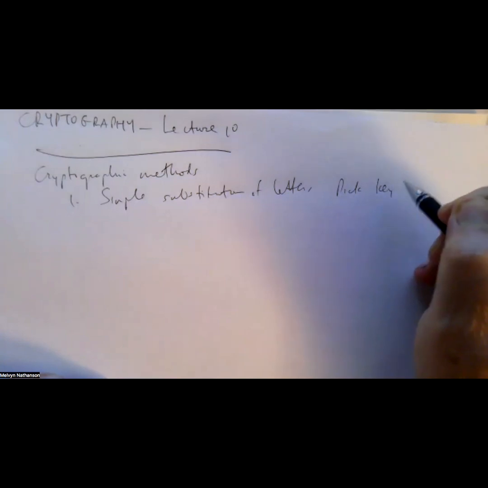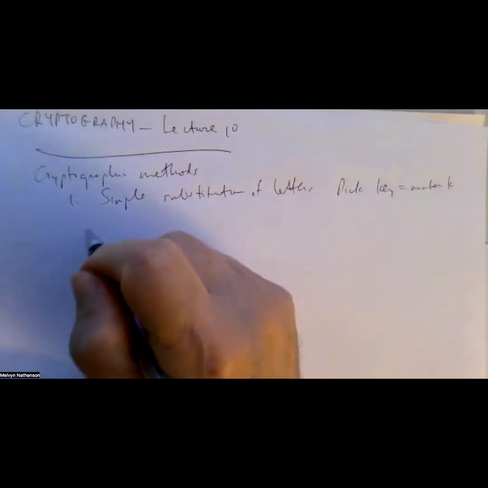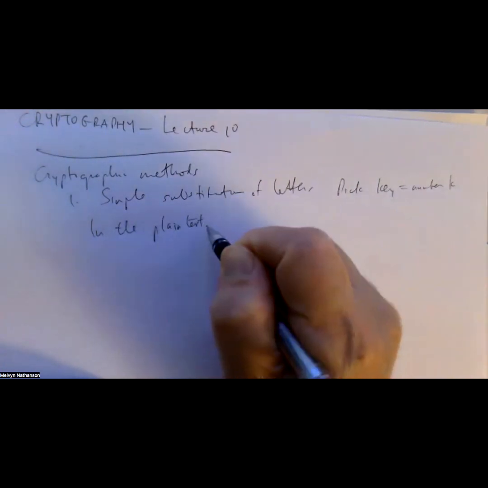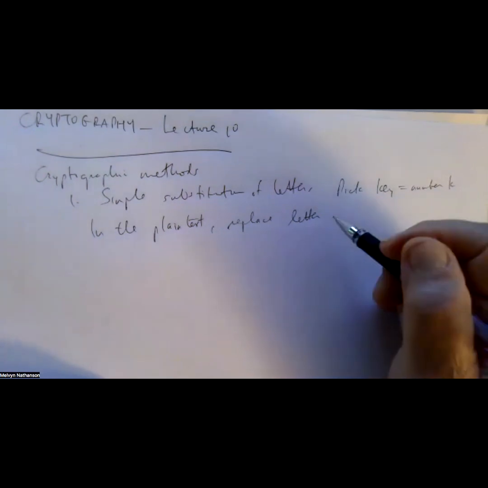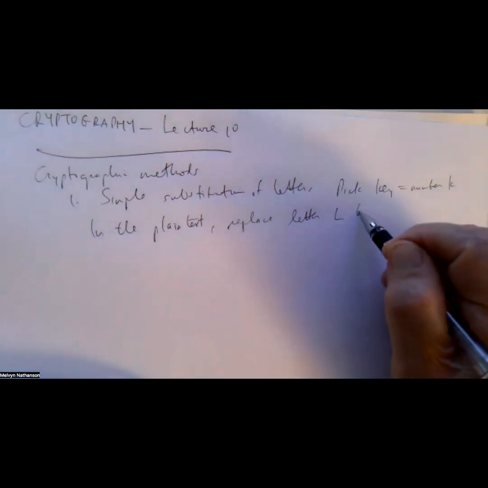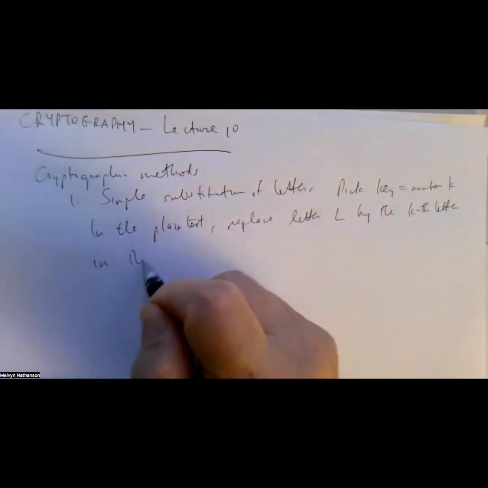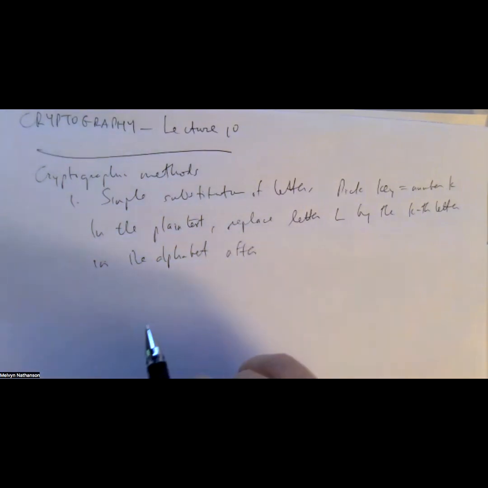So you pick a key, which is some number K, and in the plain text, replace a letter, whatever letter it is, let's just say L for letter, by the Kth letter in the alphabet after L.